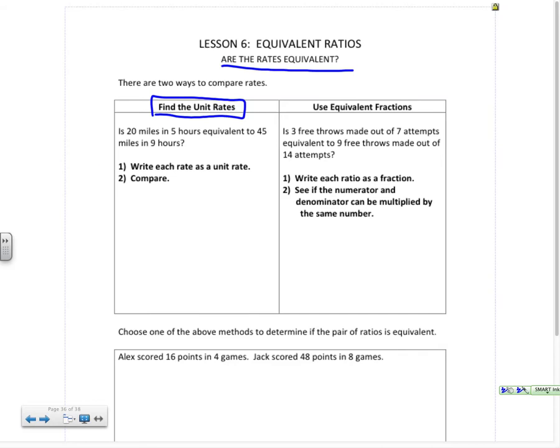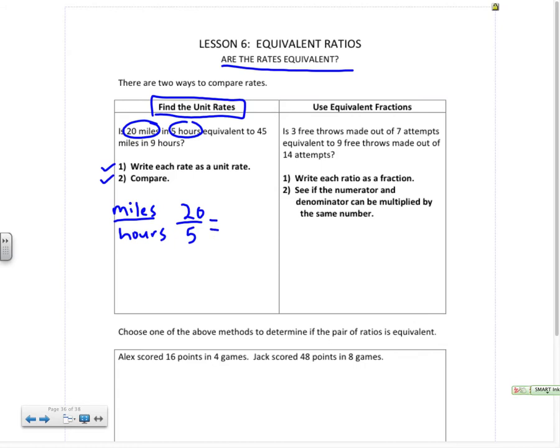Here's our steps. Write each rate as a unit rate, and then we can compare because we have the same units. So I have 20 miles to 5 hours. So in words, I have miles to hours, and 20 miles in 5 hours as a unit.